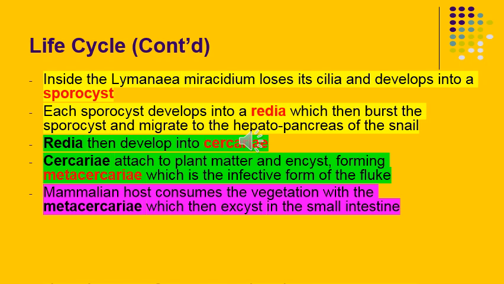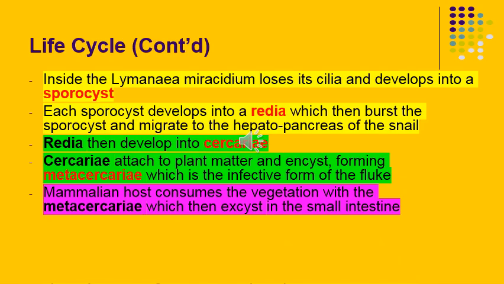As we mentioned before, inside the Lymnaea, the miracidium loses its cilia and develops into a sporocyst. Each sporocyst develops into a redia, which then bears more rediae and migrates to the hepatopancreas of the snail.